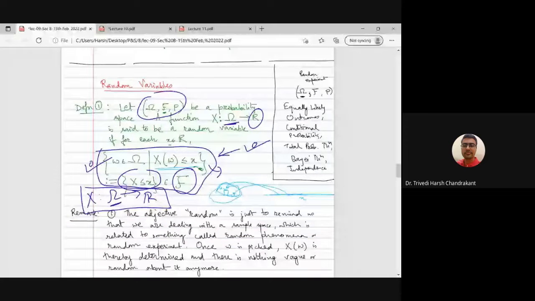So it is the inverse image of the set minus infinity to x, because X is a function from omega to the real line. We take all the w such that X(w) is less than or equal to x. So this set is essentially this set.